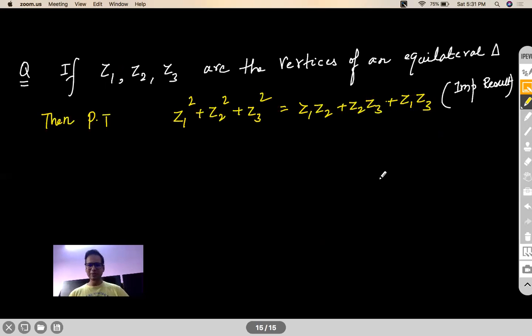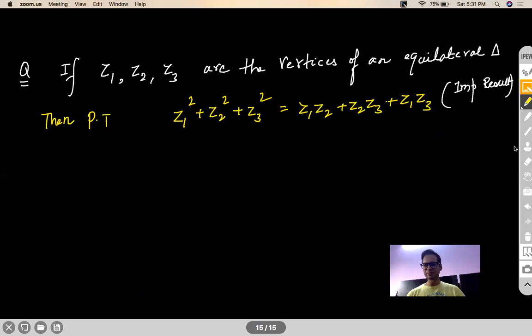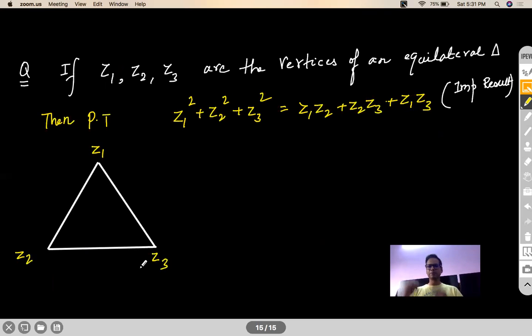Any idea how to do this? Let me make the diagram first. Now when you look at this diagram, the first feeling that you would get is, can I apply Coni at any vertex of my choice?